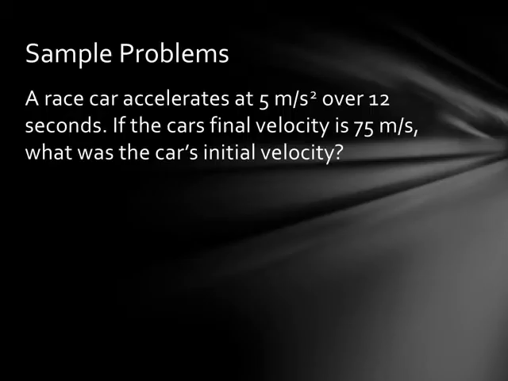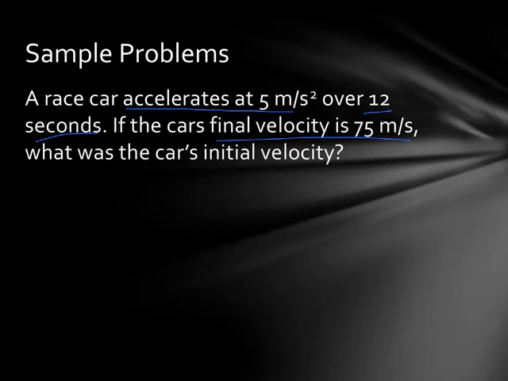All right? Another problem. We have a race car accelerating at 5 meters per second squared over 12 seconds. The car's final velocity is 75 meters per second. What was the car's initial velocity? So this one, we have to use one of those other variations because we already have our acceleration, we have our time, and we have our final velocity. Okay?